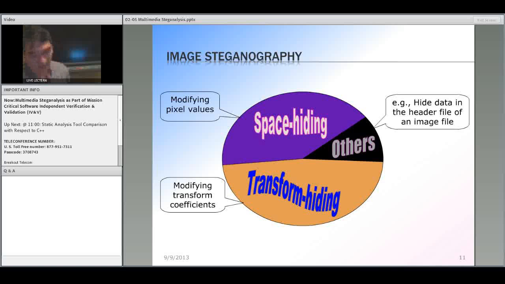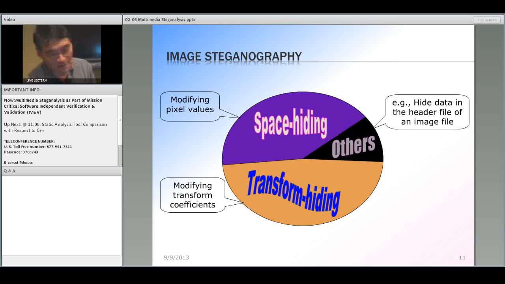The other technique is transform-based. For images like JPEG, which is compressed, the bits do not represent a pixel directly. Rather, we use the transform coefficients, for example DCT coefficients of 8 by 8 blocks in the image.